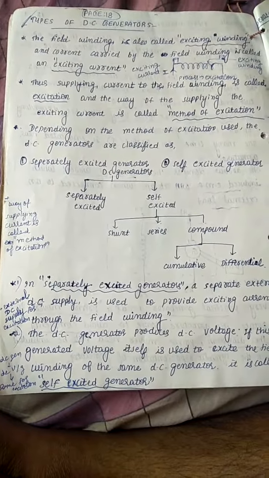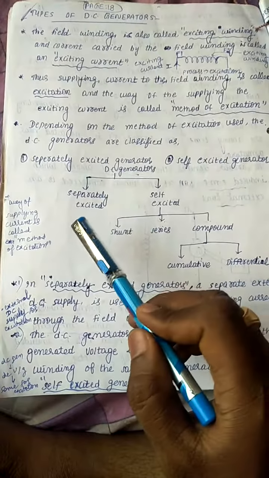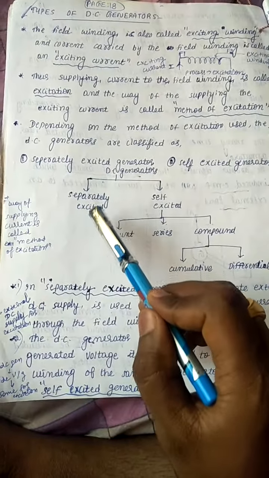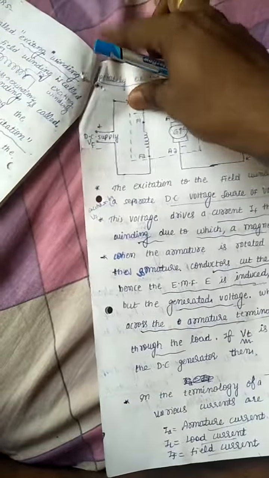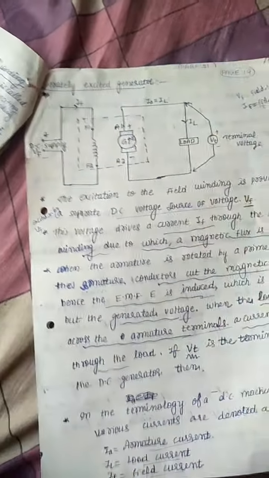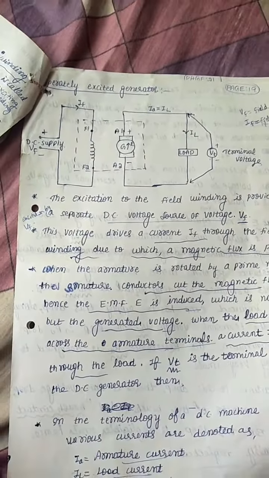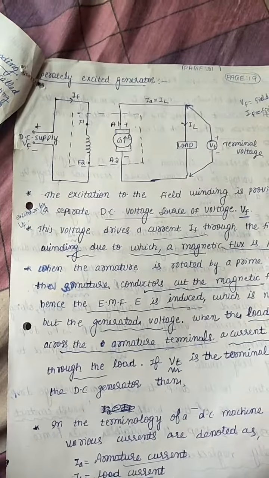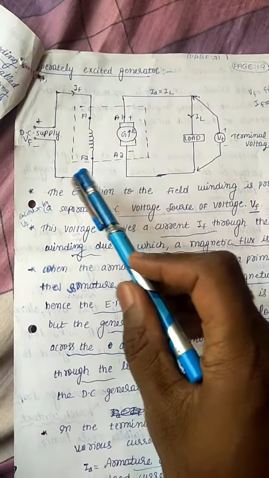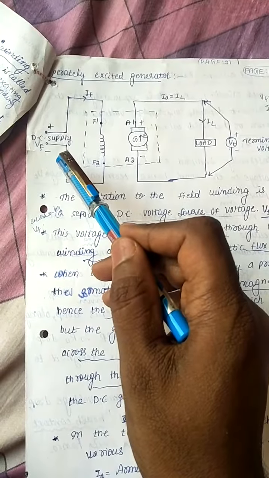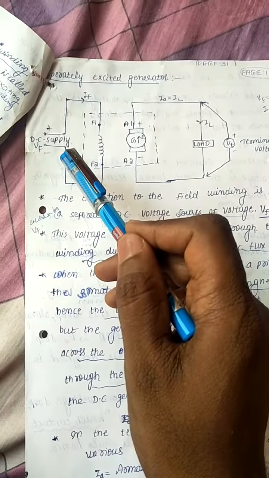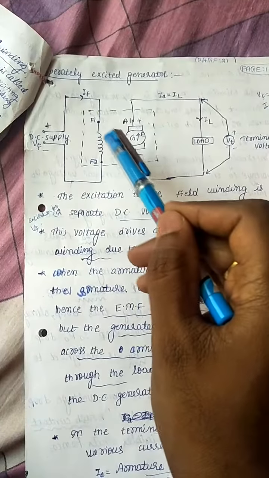First we will discuss the separately excited DC generator. This is the diagram for the separately excited generator. Here this is an external battery supply we used to excite this winding.